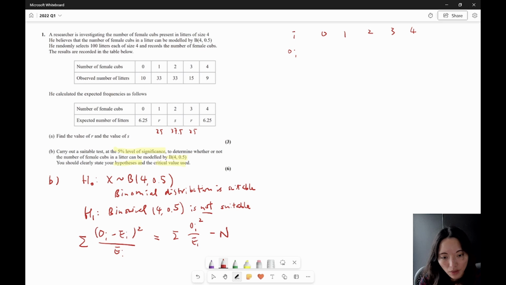Observed values, so that's this table here: 10, 33, 33, 15, and 9. And for expected values, 6.25, 25, 37.5, 25, and 6.25, making use of the R and S values that we worked out in part A.